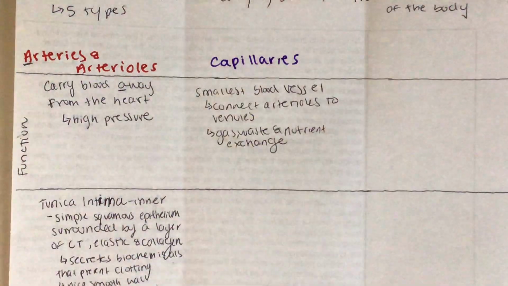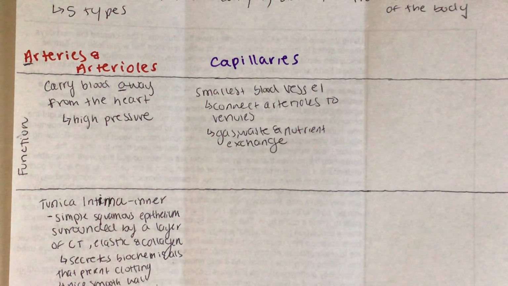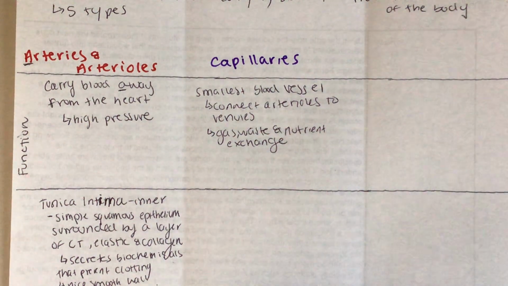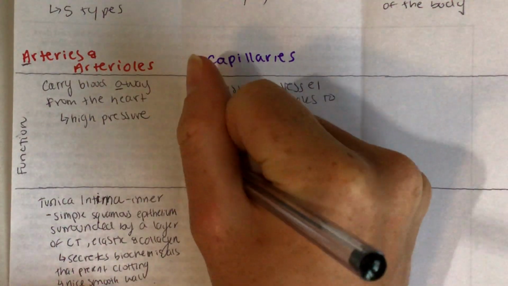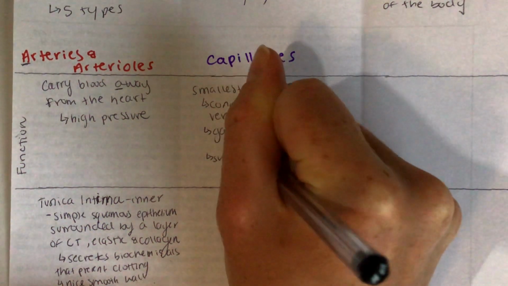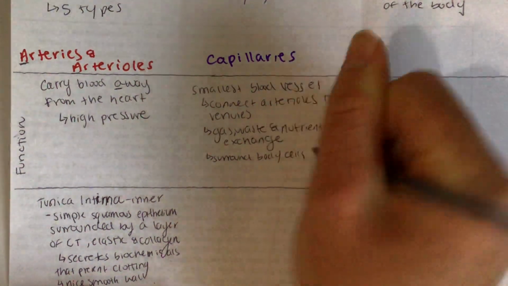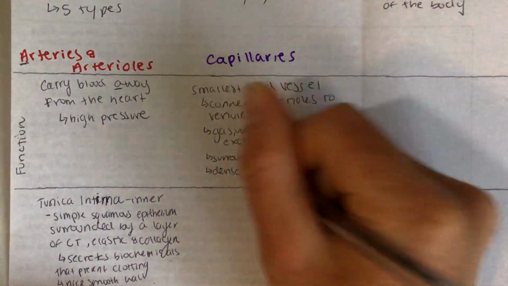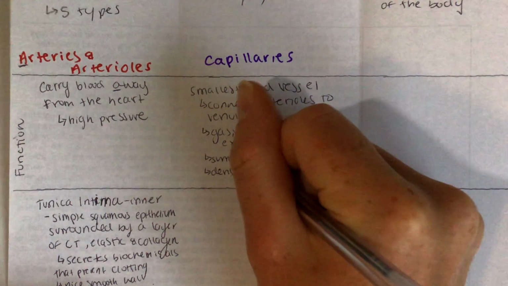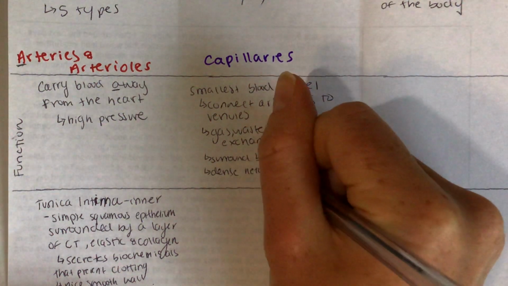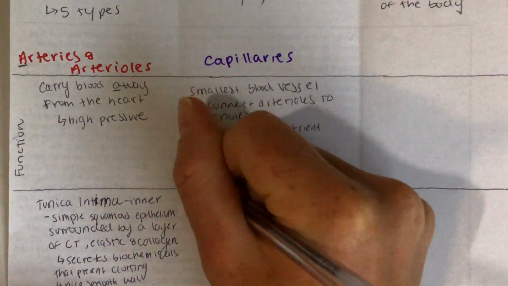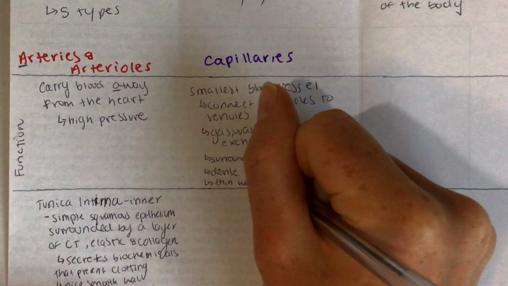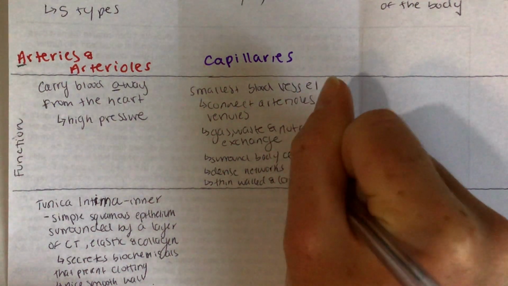So instead of being this nice sturdy tube that's kind of controlling and directing blood from the heart or to the heart, these are going to be surrounding body cells. And they're always going to be found in dense networks, kind of looking like a web instead of a single tube, which are thin-walled, and they have a large surface area.